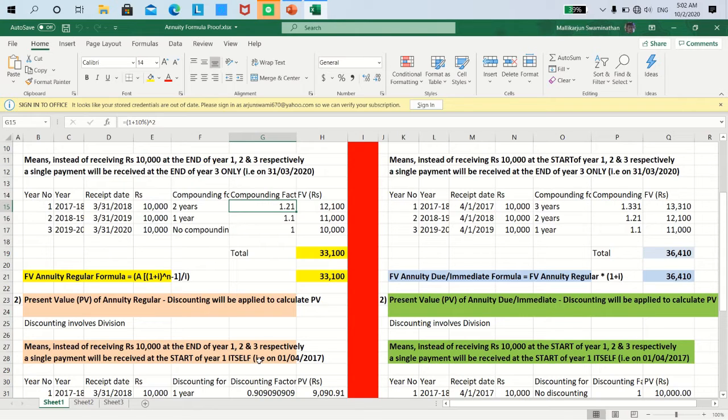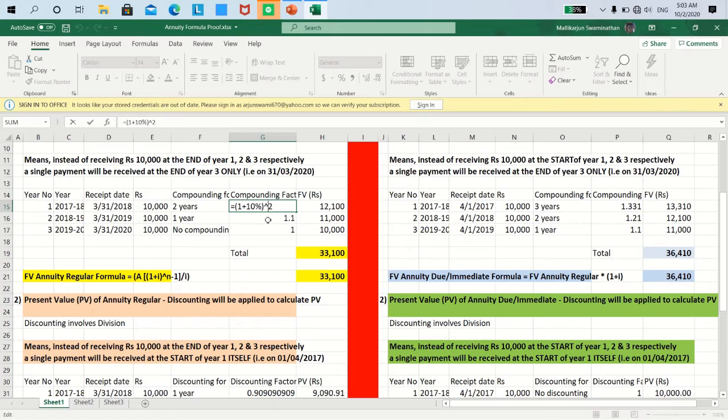What will that compound interest factor be equal to? Conceptually, it will be (1 + i)^2. And that is exactly what you will be able to see on your screen in G15 now. It is (1 + 10%)^2. The upward arrow indicates 'to the power', for those of you who do not know about this function in Excel.